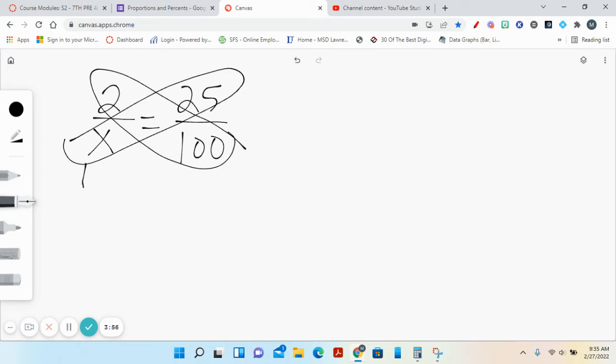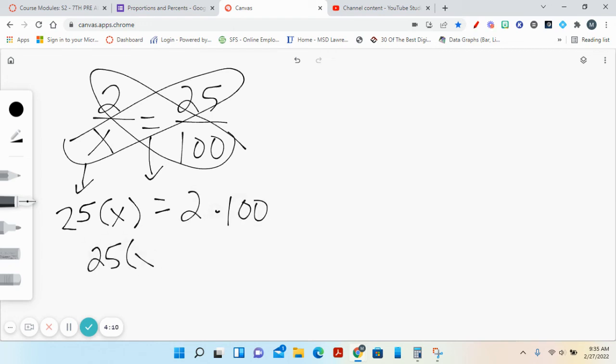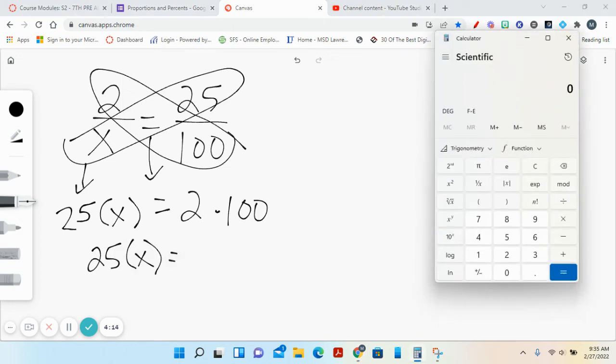We don't know what X is, so this just becomes 25 being multiplied by X. Bring down our equal sign, and then we're multiplying 2 times 100. So we get 25 times X equals 200, since 2 times 100 gives us 200.